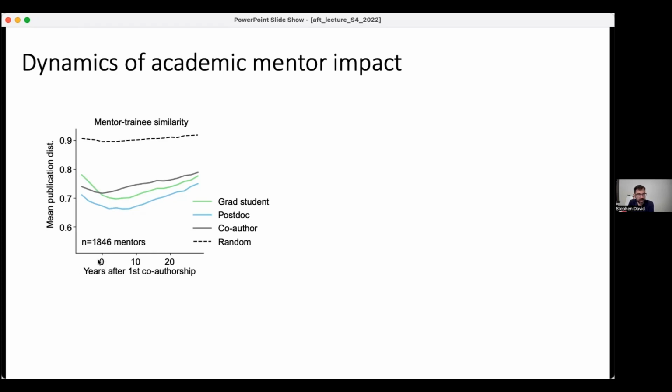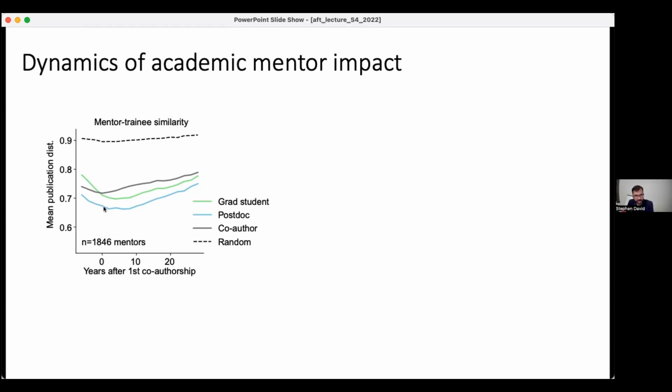Year 0 is the date that a mentor first published with either a graduate student, a postdoc, or just any random co-author who's not in the mentorship graph. As a control, we can also ask what the distance is from a random person in the tree. If you just take random researchers, people tend to be very distant from each other semantically, whereas people you co-author with, you're definitely much closer to.